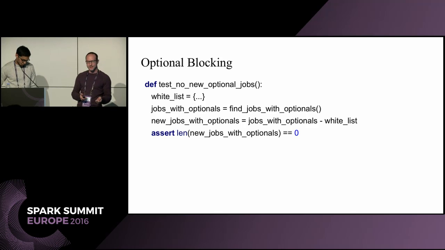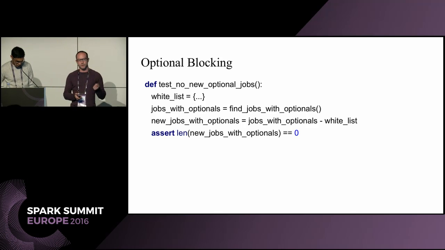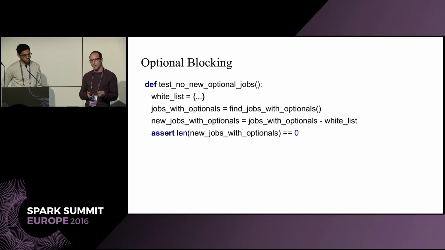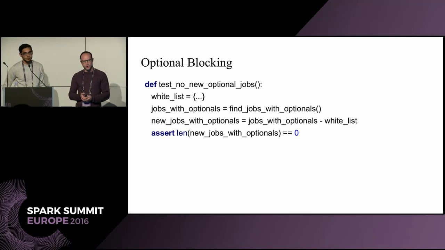So at the end of the day, if you're writing a job, you really should know what exactly is being written to disk, and you should know if there is some sort of an optional field within it. So what we ended up doing to stop that so that we can move forward with data frames is we no longer allow optional fields being written. So we created a whitelist of every single job that writes out some sort of an optional field, and those ones get a pass.